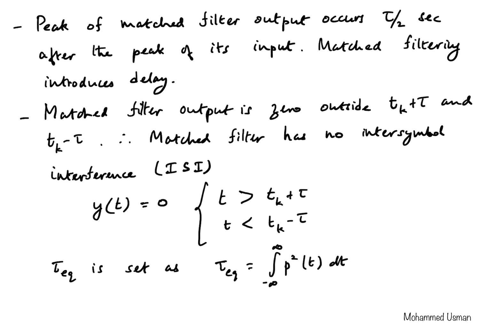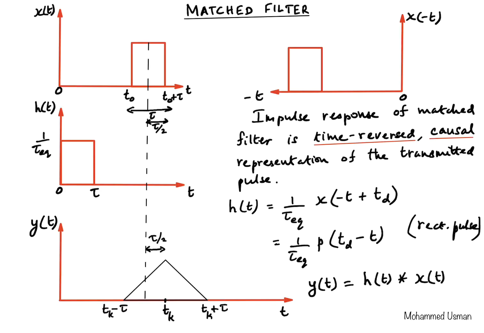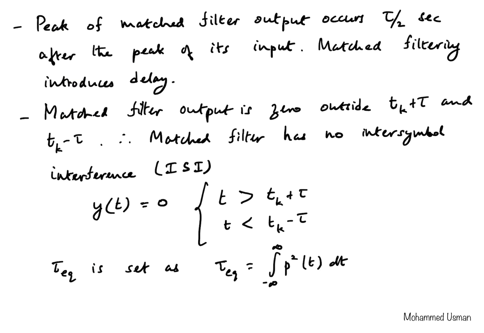Now for a rectangular pulse with amplitude 1, p of t is going to be 1 for the entire duration of the pulse, and the duration of the pulse is from t0 to t0 plus tau. So the integral exists only in that limit, t0 to t0 plus tau, which is integral 1 square dt. The amplitude is 1, so it's 1 square dt from t0 to t0 plus tau.